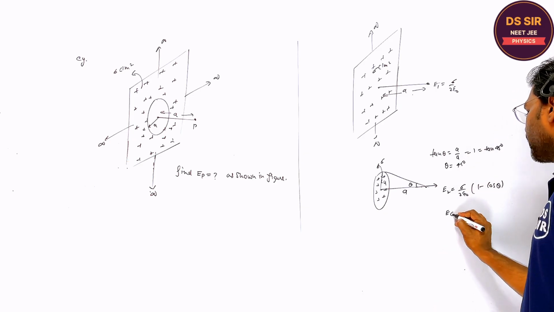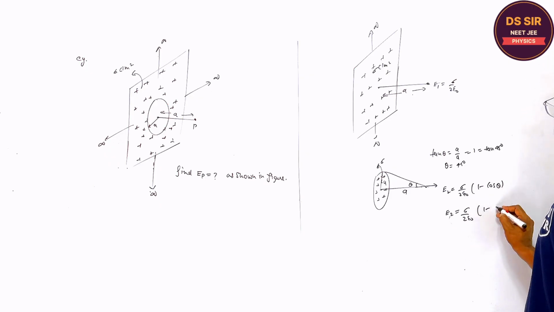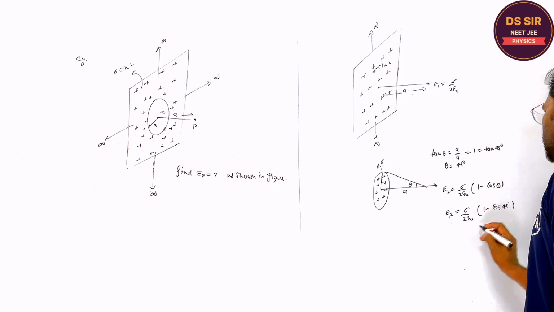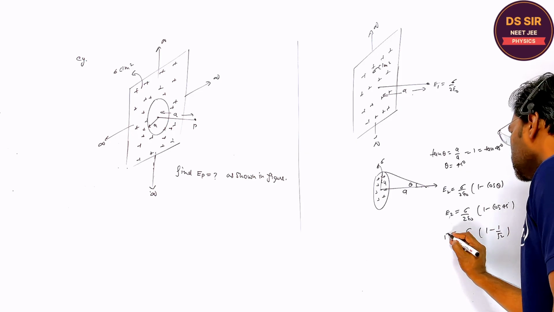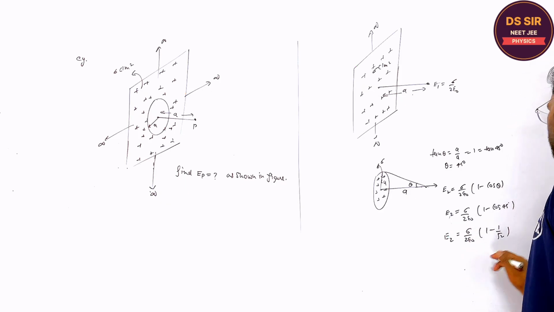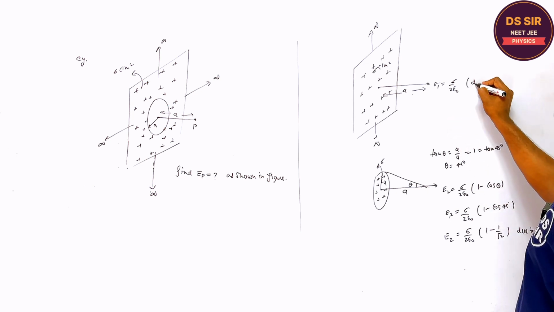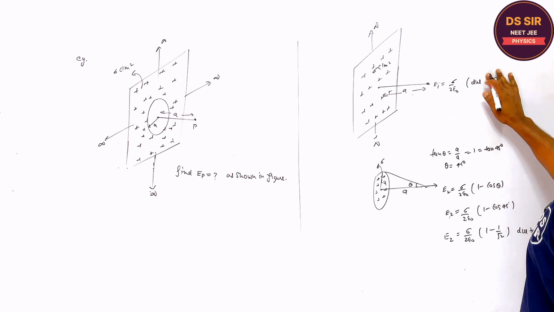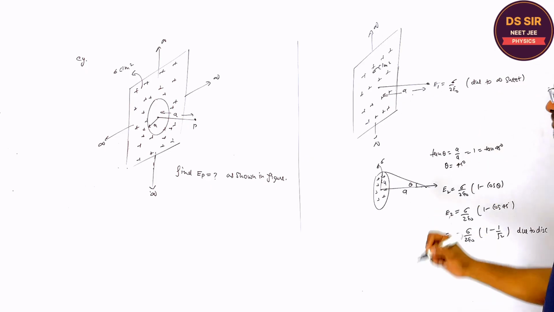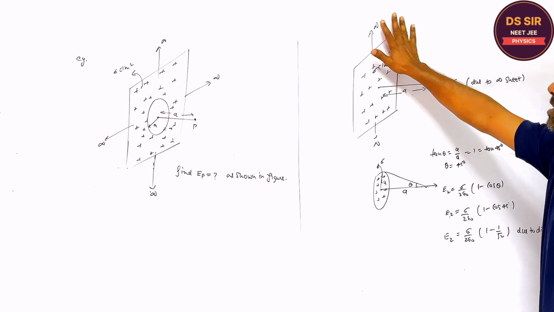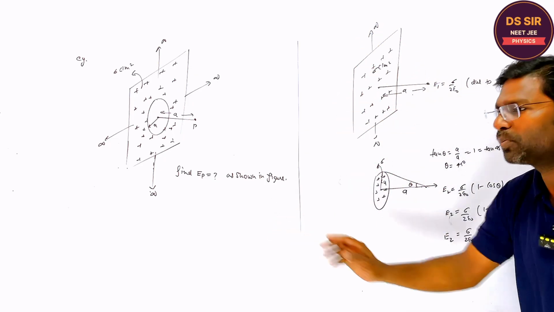So the electric field due to the disk is sigma upon 2 epsilon naught times 1 minus cos 45. Cos 45 is 1 by root 2. This is the electric field due to the disk, and this is due to the infinite sheet. Is it clear or not, you tell? So the electric field is due to the complete sheet, and you have to remove this portion.